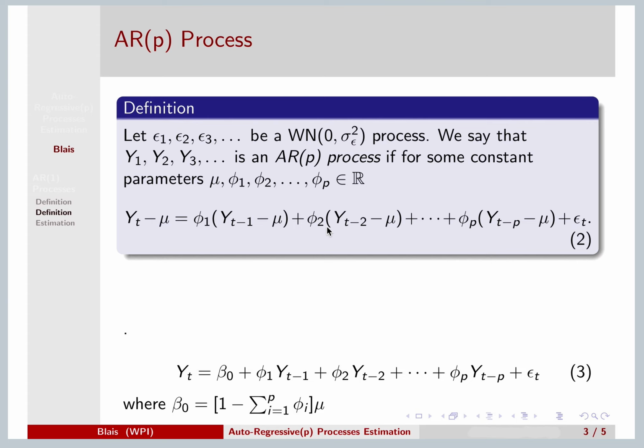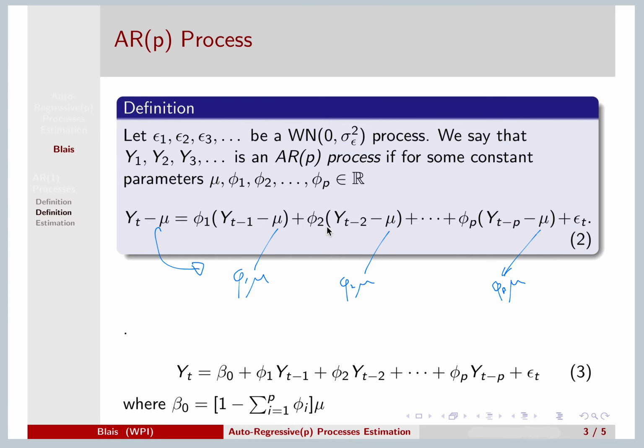Typically now, we reorganize things a bit so that we can rewrite our expression in this way. Essentially, we take each of these terms, so here you'd have phi p times mu. Here you have phi 2 times mu. Here you have phi 1 times mu. And then you bring this mu to the other side of the equation.